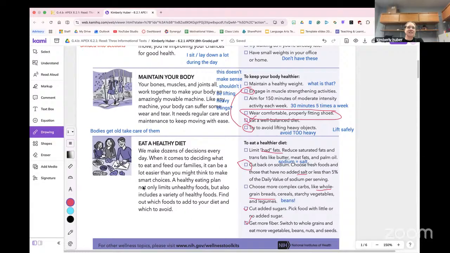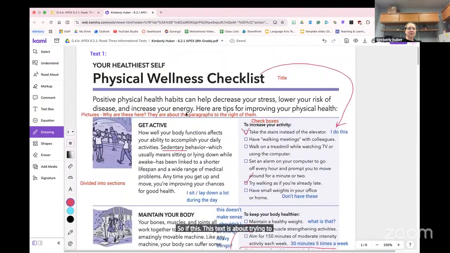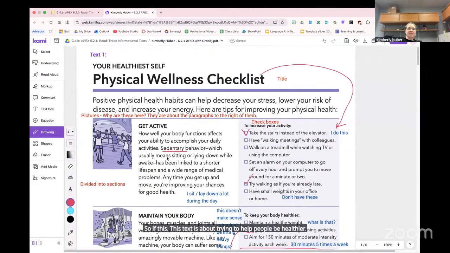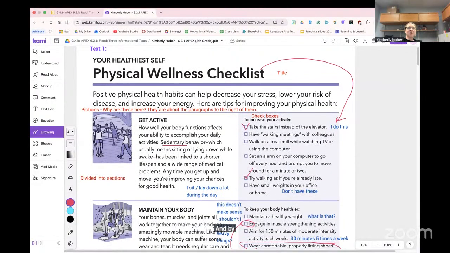So if this text is about trying to help people be healthier by eating and getting more active, why would they have the checklist here?